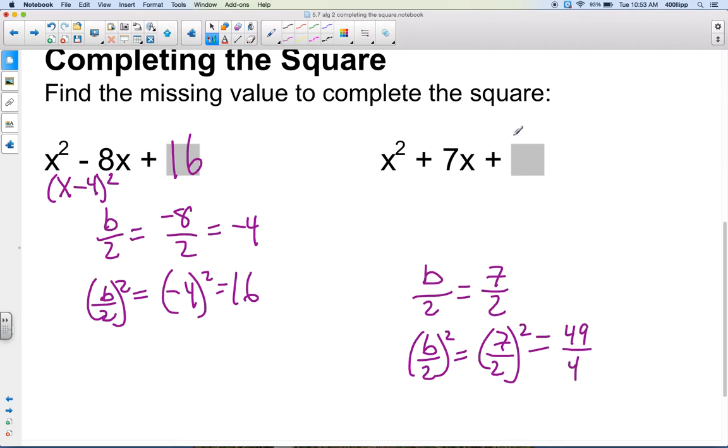So to complete this, I would write 49 over 4. Okay, this is to complete the square. And now factoring it, this looks like a difficult one to factor, but it's actually not because we already did the b over 2. So this is just x plus 7 over 2 squared. So whatever you got as b over 2, that's what goes in your binomial.